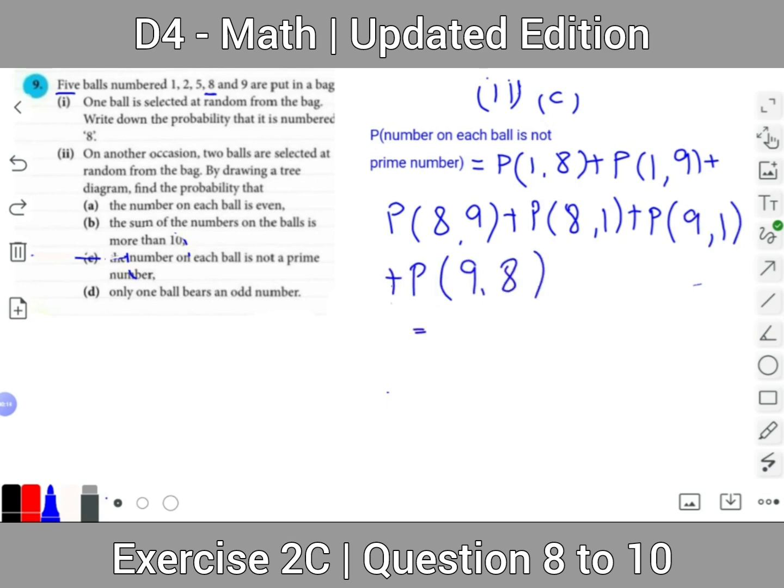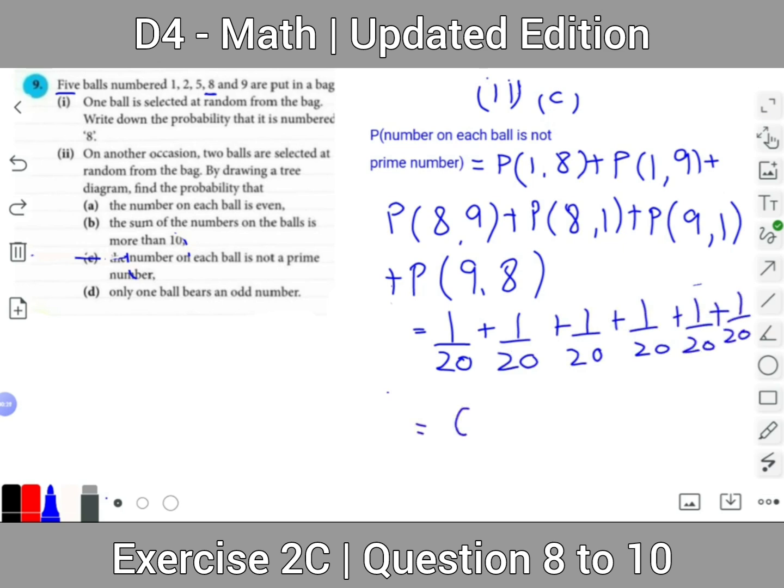Now we have the probability 1 over 20 in each case, 6 times. Now we have 6 over 20, and after simplification it will become 3 over 10. So the probability that the number on each ball is not a prime number is equal to 3 over 10.